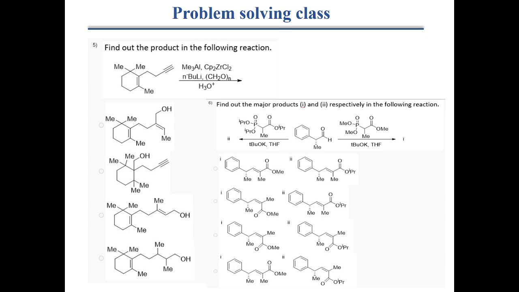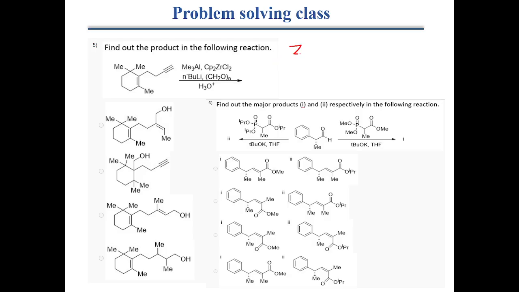So this is the carboalumination of alkyne. What happened in these cases? First, zirconium reacts with the alkyne and aluminium will transfer.